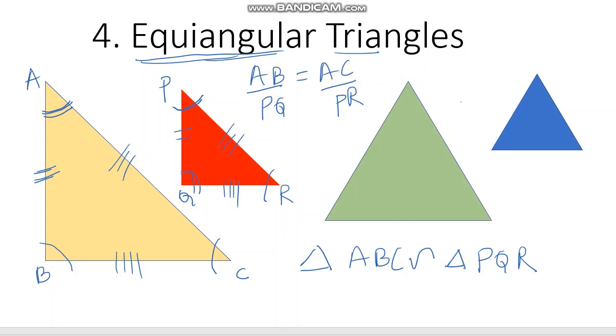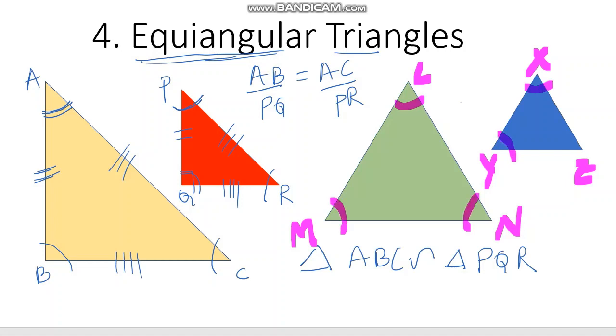Let us say this is triangle L, M, N, and this triangle is X, Y, Z. And you can see that angle L is equal to angle X, angle M is equal to angle Y, and angle N is equal to angle Z. So these two triangles are equiangular triangles.